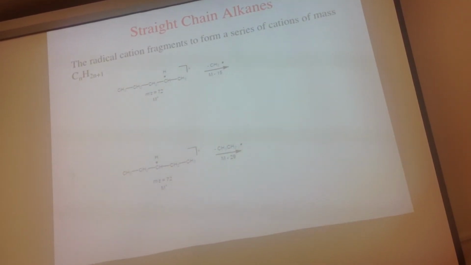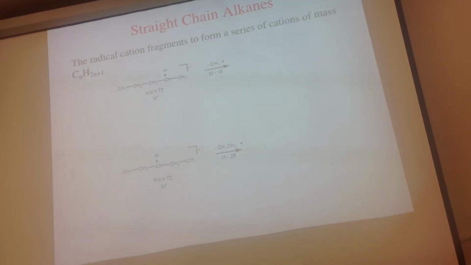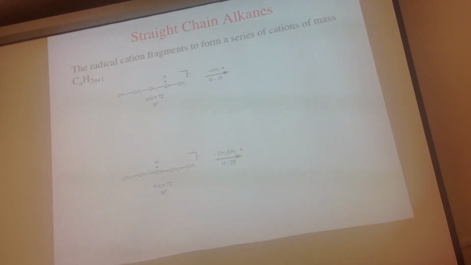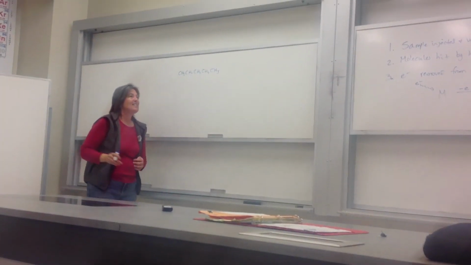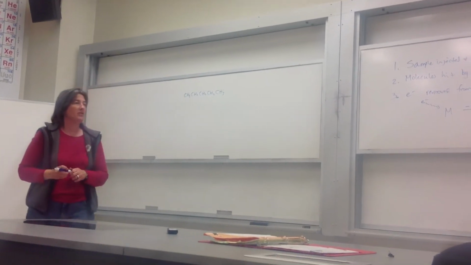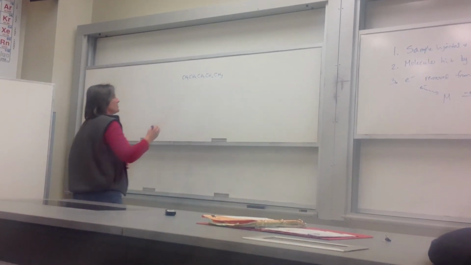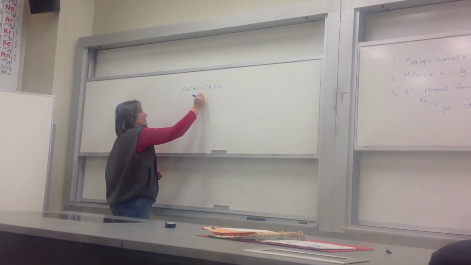So this right here, and I just want to redraw it. I think it's pentane, right? 1, 2, 3, 4, 5. Okay. So this has a molecular weight of 72.